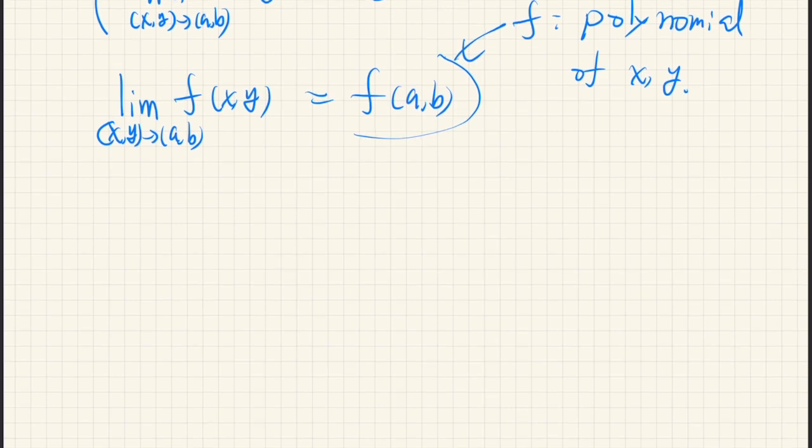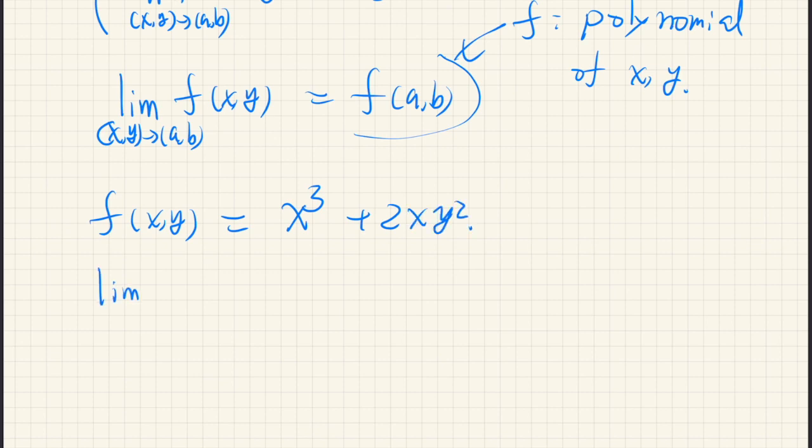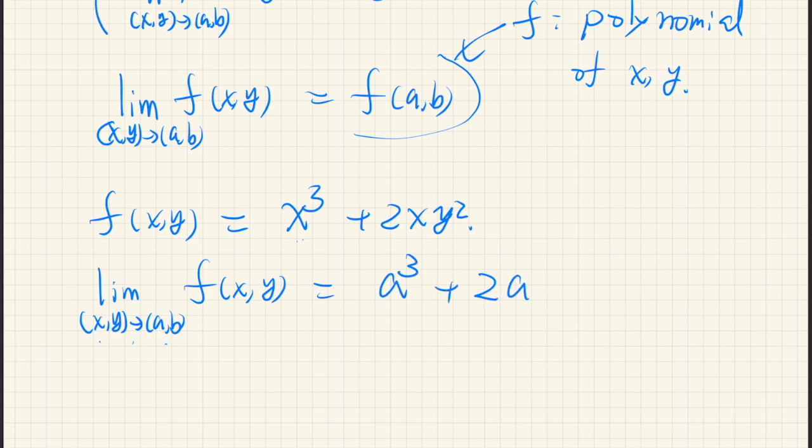Polynomial means something like this. For example, let's say f of xy is equal to x cubed plus 2xy squared, then the limit of this function as xy approaches ab is, so just replace x with a and replace y with b.